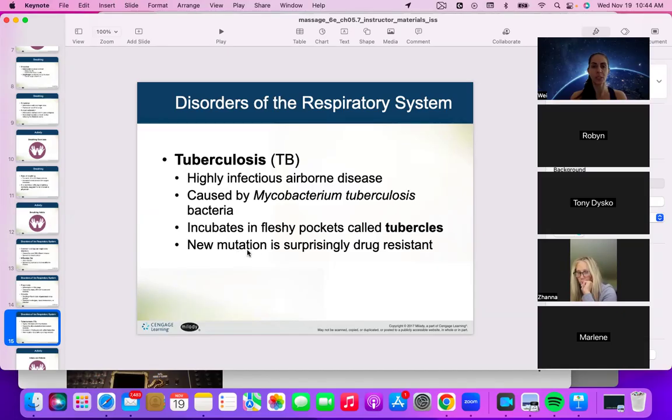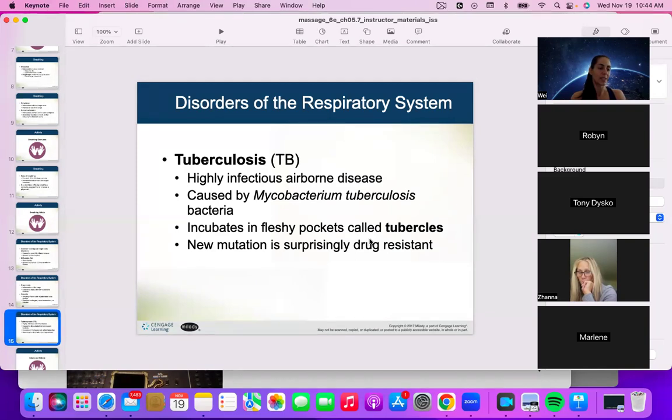That means the new mutation of this disease is resistant to the drug. So TB, again, is a bacterial infection and can incubate in the body without you even knowing it. That means it could be in your body, hiding, and you can't tell that you have it.